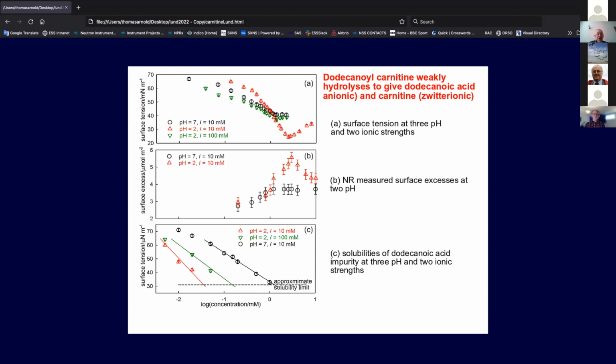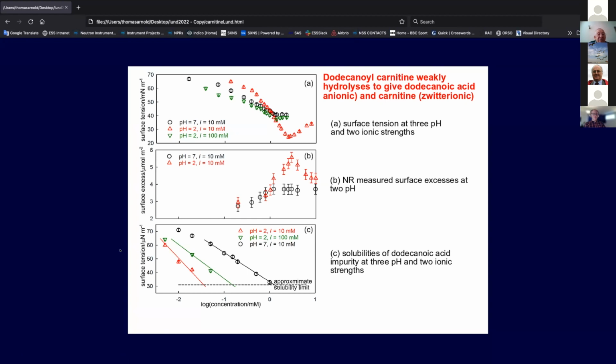Now, unlike the normal examples where no one knows what's going on, here you can play around with the situation. If you push the pH up to 7, that's the black in C, then the solubility changes by more than an order of magnitude. It's much higher. It's now much closer to the CMC of the surfactant, and it never rises to a concentration where it can cause any surface interference.